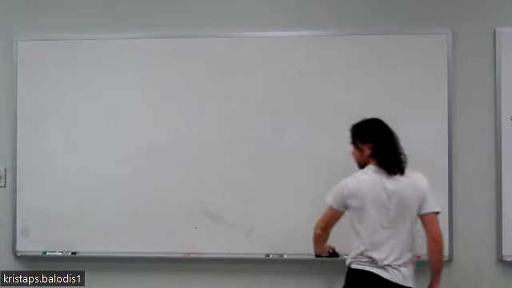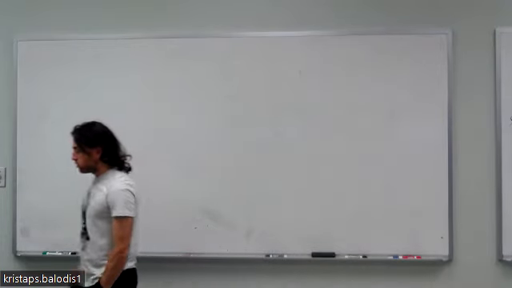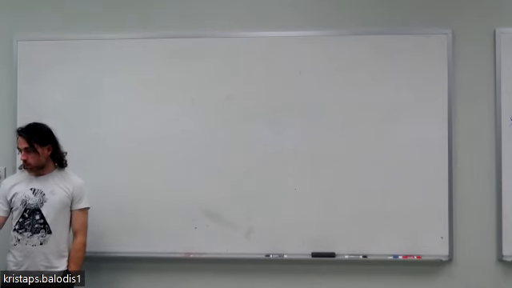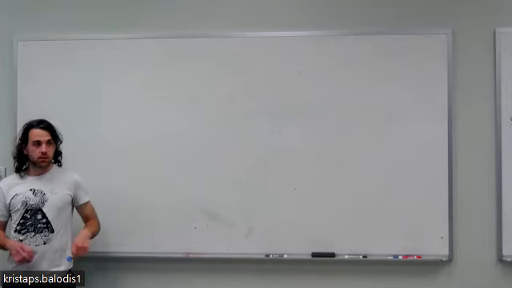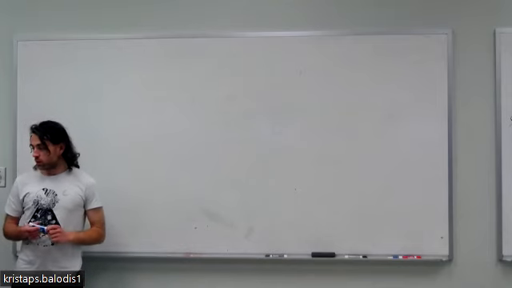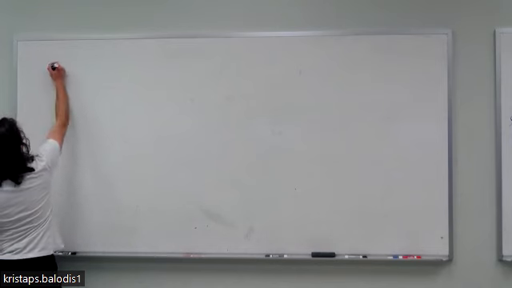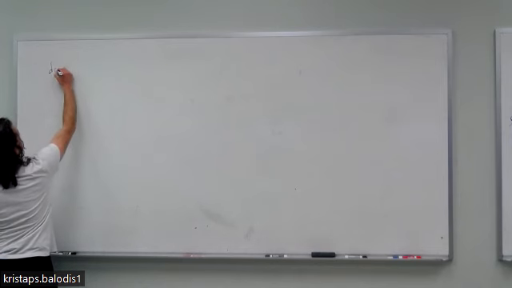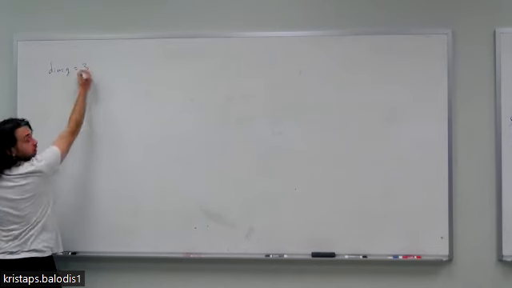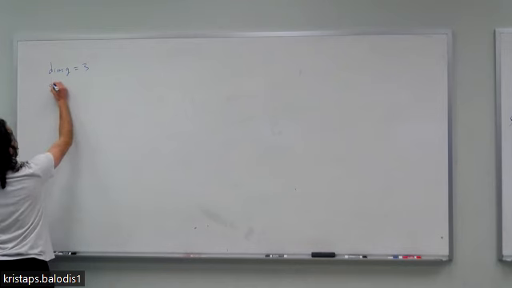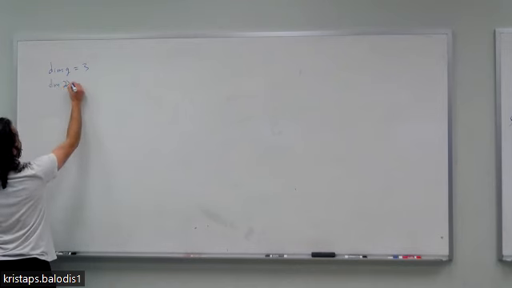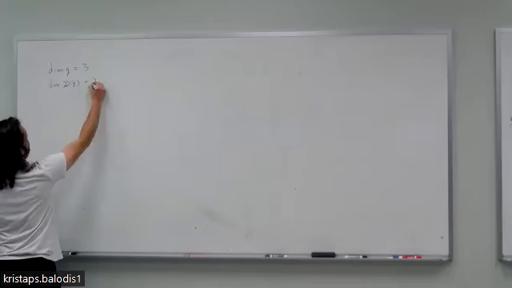I guess I should pause. Let me just remind you that in the classification, the case when this was dimension 3 and what was called the rank 2 case, this was dimension 2.